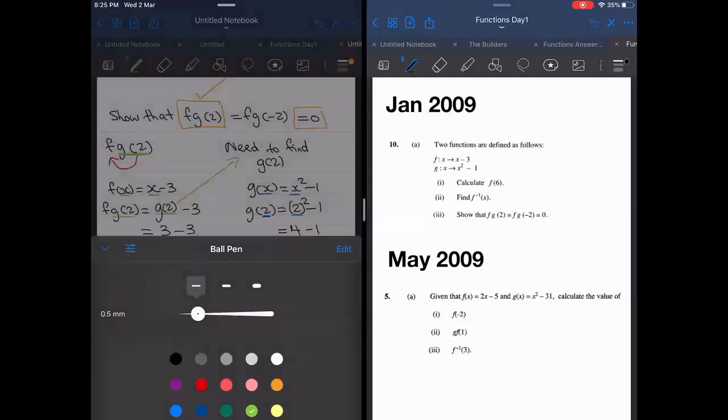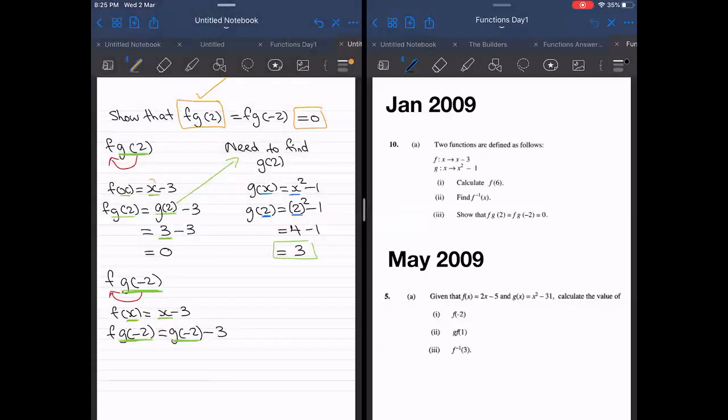Similar to the one up top, where wherever I saw x, I put g of 2, now wherever I see x, I put g of minus 2. For the person who asked me to repeat, are you following that first step? Okay, beautiful.